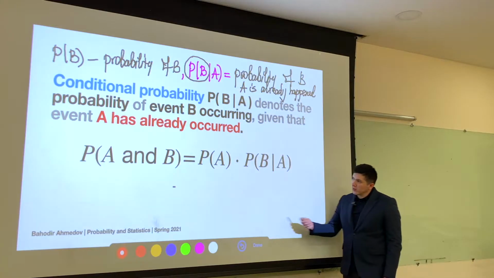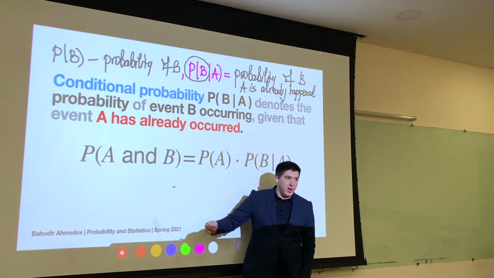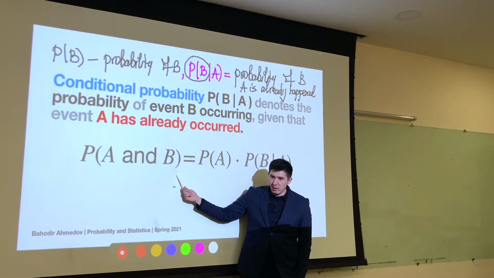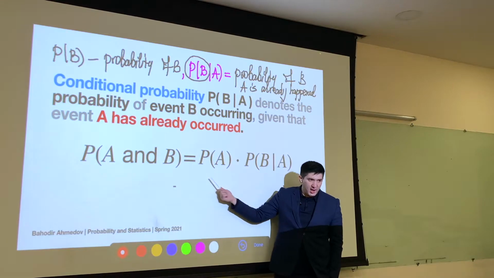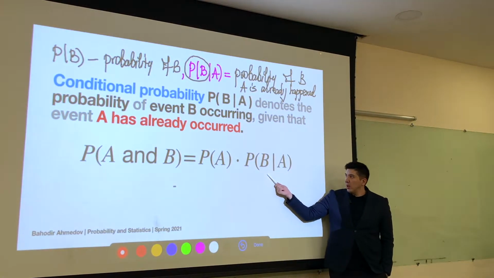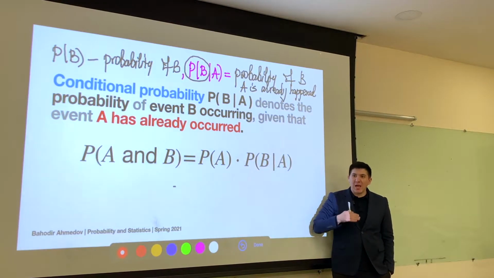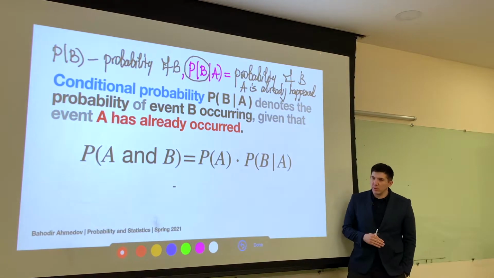If I ask what is the probability that you choose a jack from the standard deck of cards, then you choose a queen, you evaluate the probability of choosing a jack in the first trial times the probability of choosing a queen when you know that the first one is a jack, because you want these events to happen exactly in sequence. The first one should be a jack, the second one should be a queen.